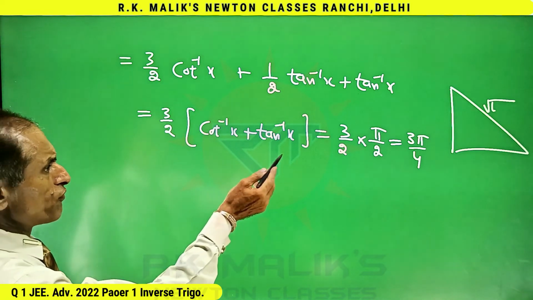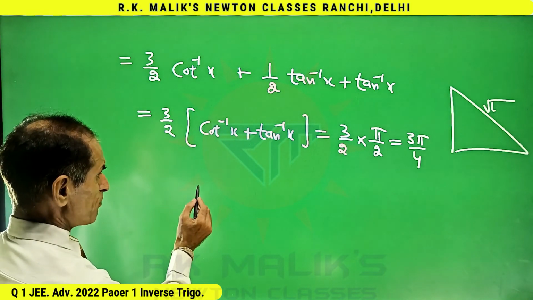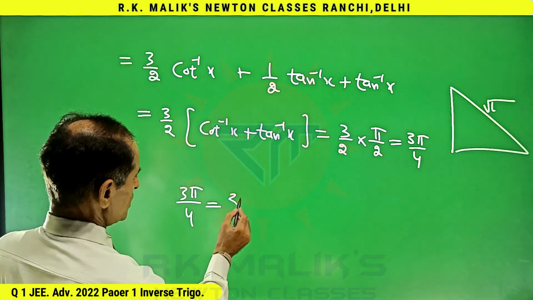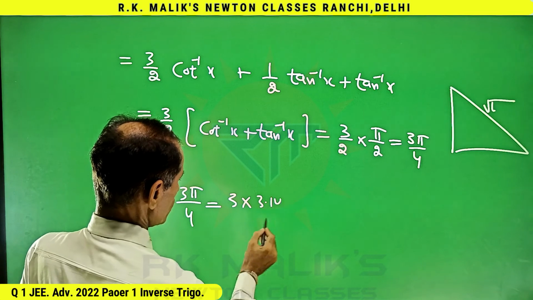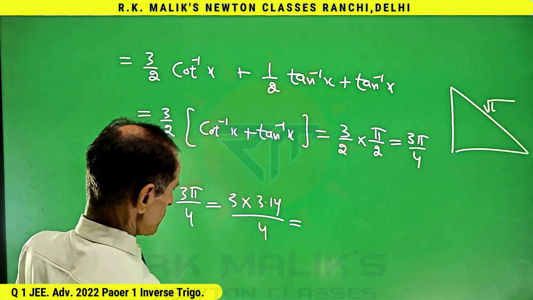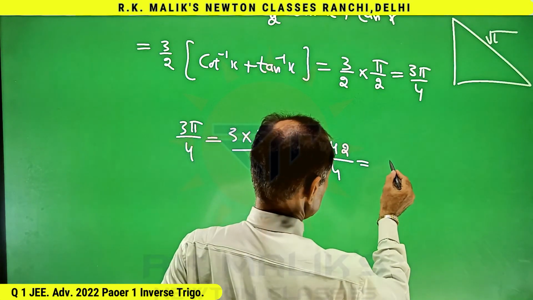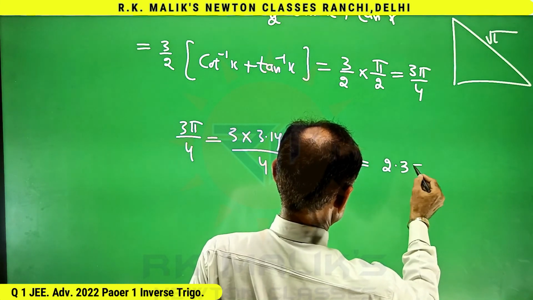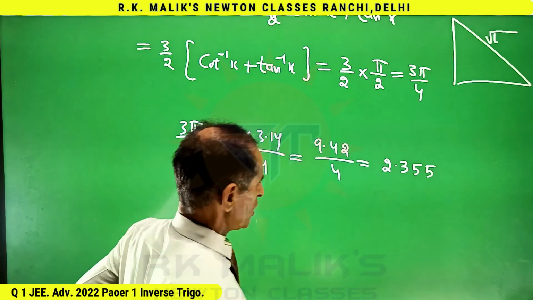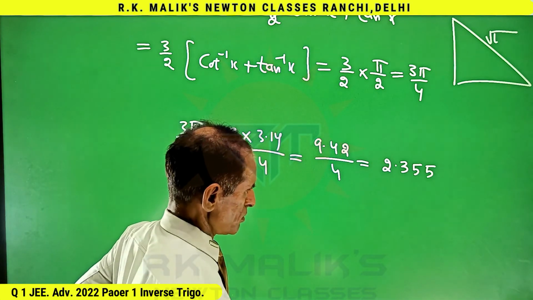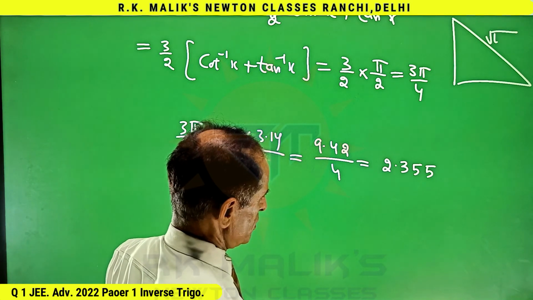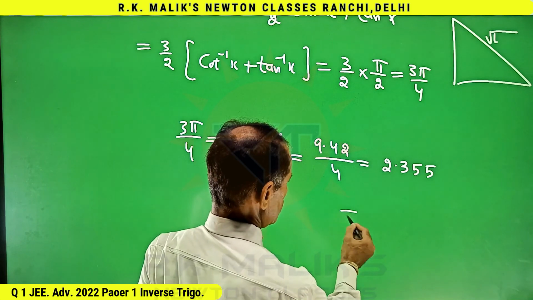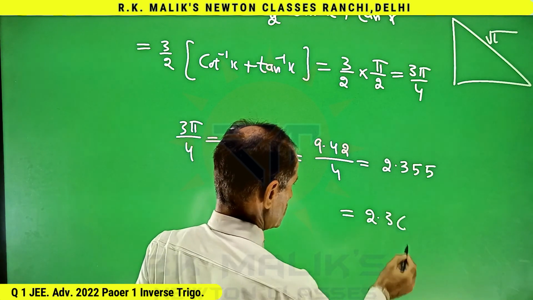Taking the value of pi as approximately 3.14, 3 pi by 4 is 3 into 3.14 by 4, that is equal to 2.355, and using the rules to round off, we get it equal to 2.36.